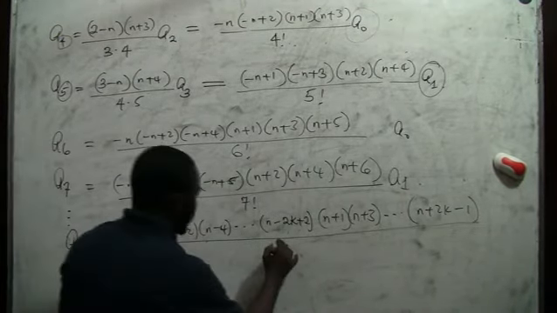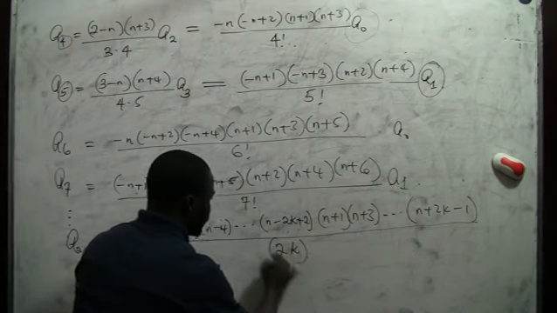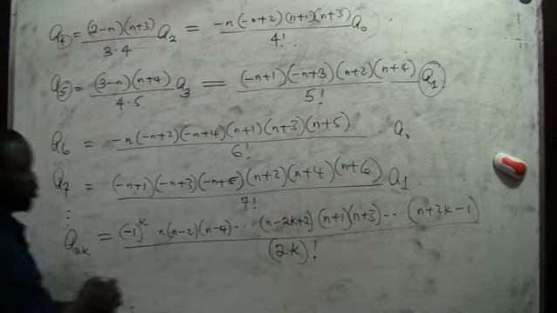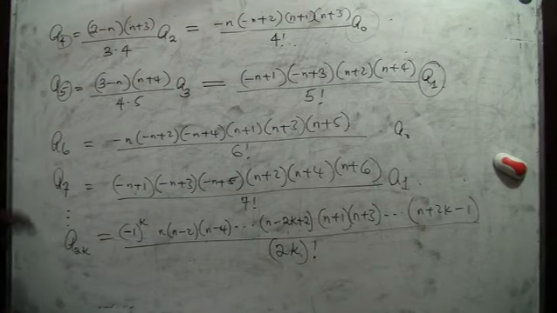Now we have 2k, it will be 2k factorial, and that's the generalization of the even coefficient. Let's go to the odd coefficient.